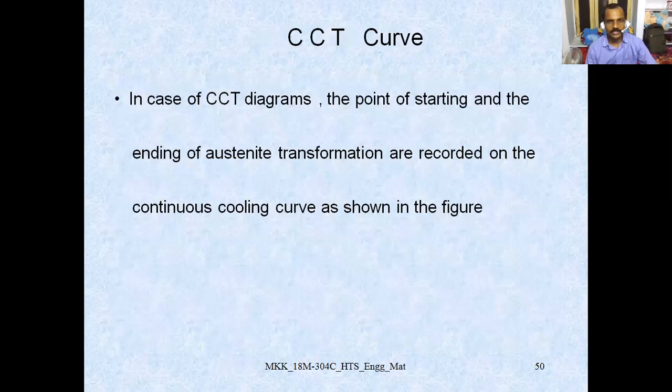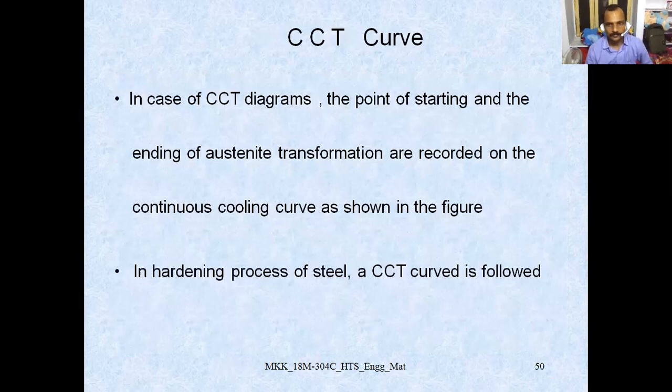So coming to the CCT curves, the points of starting and ending of austenite transformation are recorded on the continuous cooling curve as shown in the figure.